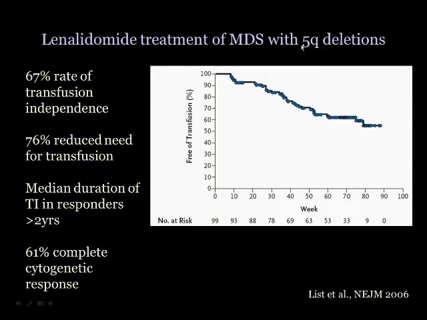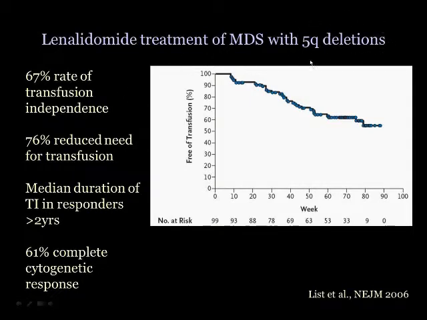So this is a deletion of one part of chromosome 5, and that's seen in about 25% of patients with myelodysplasia, but in a much lower proportion of patients where this is the only abnormality, and it really needs to be the only abnormality to have a good chance of responding to this drug, although sometimes we use it in patients where there are other abnormalities as well.